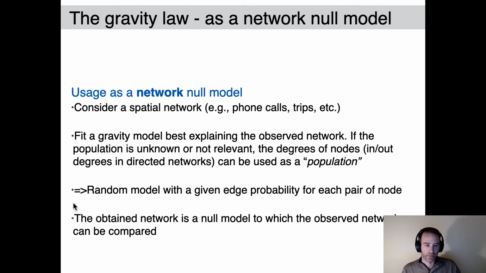And this means that we now have this random model that we can use, and we can generate new graphs keeping the same position for the nodes. So we keep the position of nodes, and we generate random edges between them with a given probability. And this probability depends on their distance and on their population.